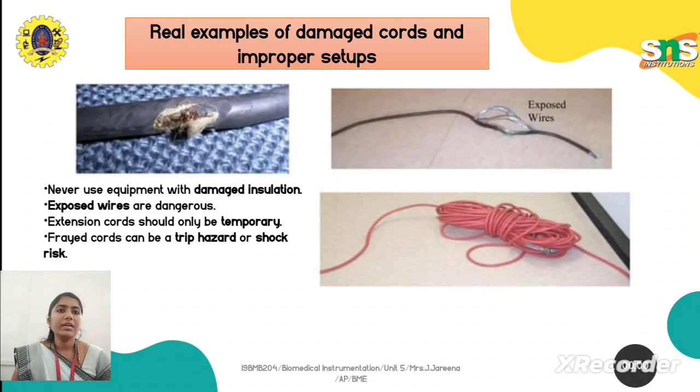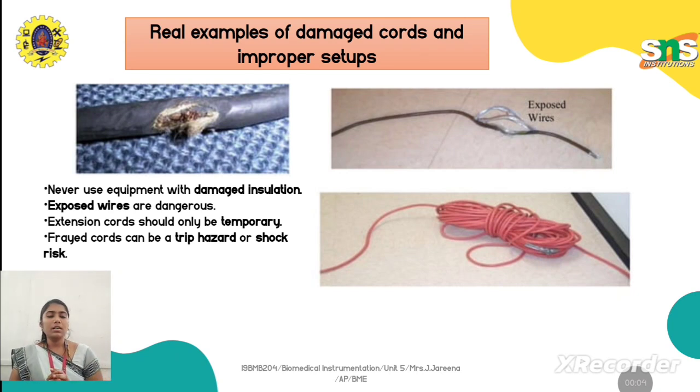Here I have given real examples of damaged cords and improper setups. We have witnessed damaged cords, improper setups, or exposed wires everywhere, even in our working place or in hospitals, right? But we people never mind these sort of things.